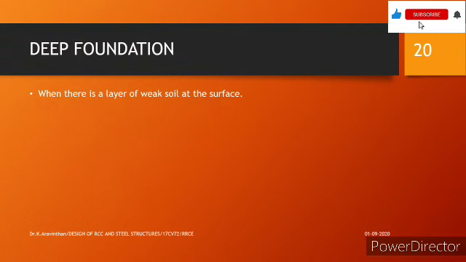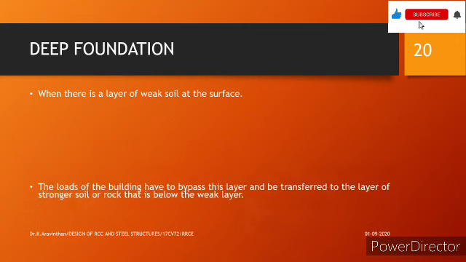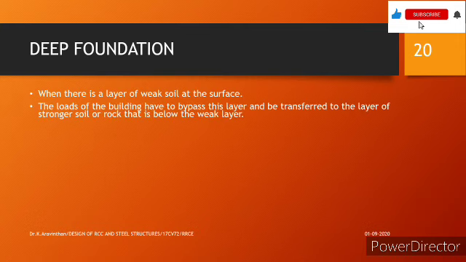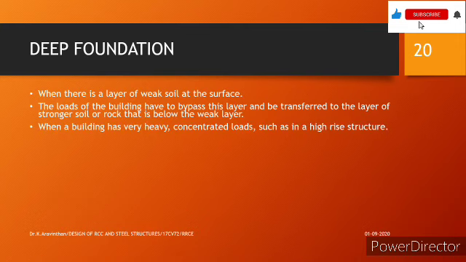And next case is, the first case is over, that is shallow foundation, and here is a deep foundation. When there is a layer of weak soil at the surface, so in the surface area we cannot see good bearing capacity of the soil. In that case we can go for a deep foundation. The load of the building has to bypass this layer and be transferred to the stronger soil or the rock below the weak layer.